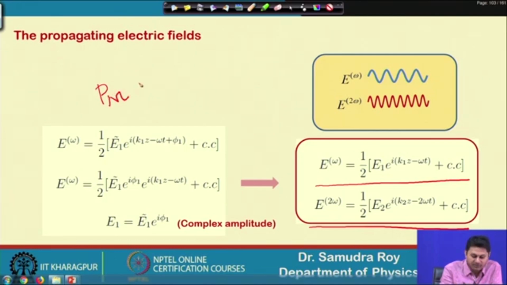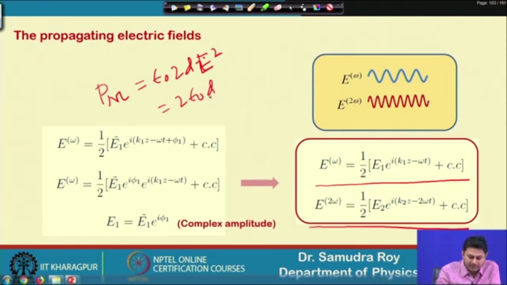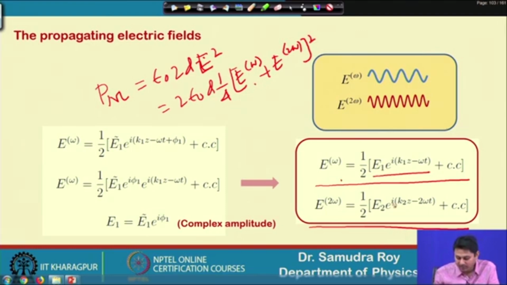P nonlinear has different frequency components, but we are using this notation and then E square. So, E is now 2 epsilon 0 d 1 by 4, and square means E omega plus E of 2 omega squared, and E omega is this. So, that is why this quantity plus complex conjugate and square of that. Exactly the same thing we have done in that slide.